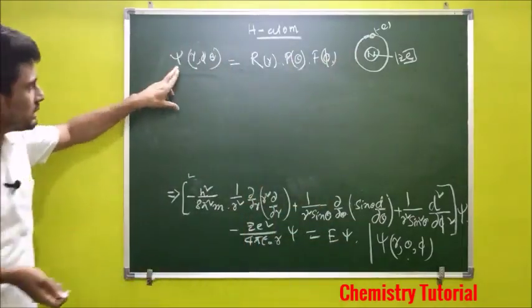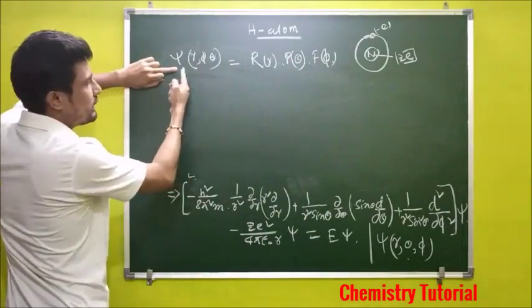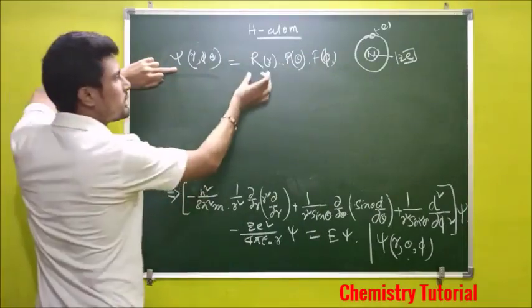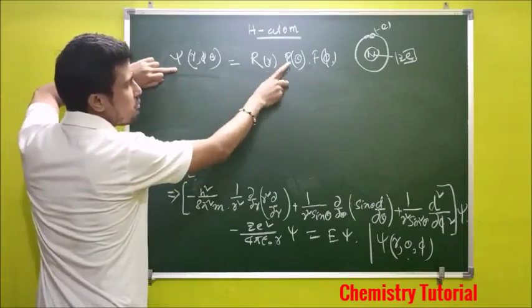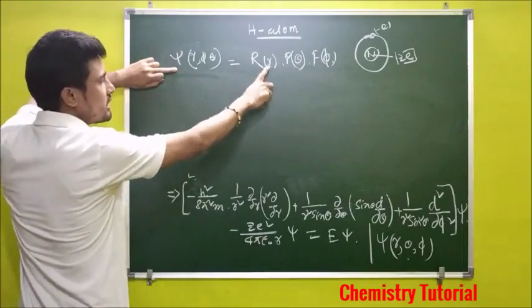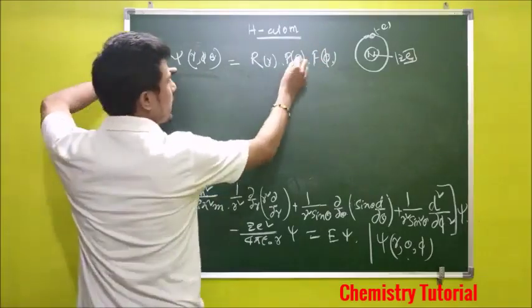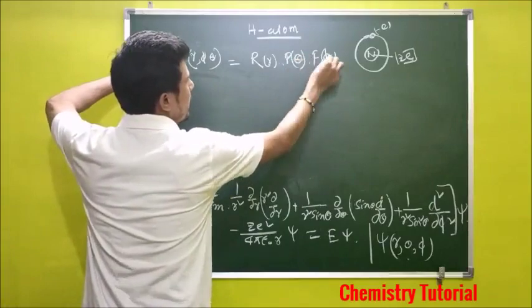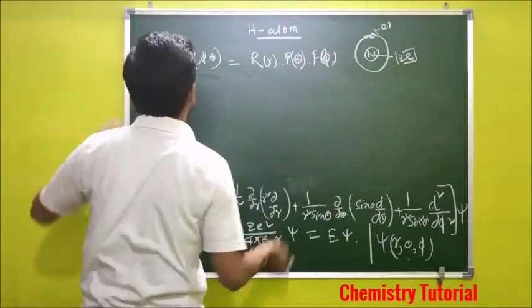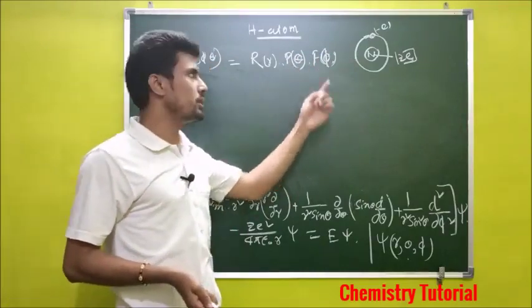Since psi depends on three variables, it can be expressed as a product of three separate functions R, P and F, where R depends on small r, the distance from the nucleus to the electron, P depends on the angle theta, and F on the phi angle, okay. We have already discussed what the theta angle and phi angle are in the previous video.